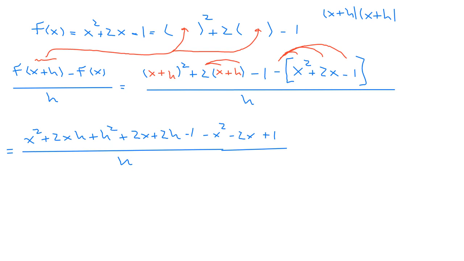I'll try to color code it because sometimes we can make a mistake looking at things. This x squared, I'll put a green dot above it, will cancel with that minus x squared. What else? The 2x, I'll put an orange dot above that. That'll cancel with minus 2x.